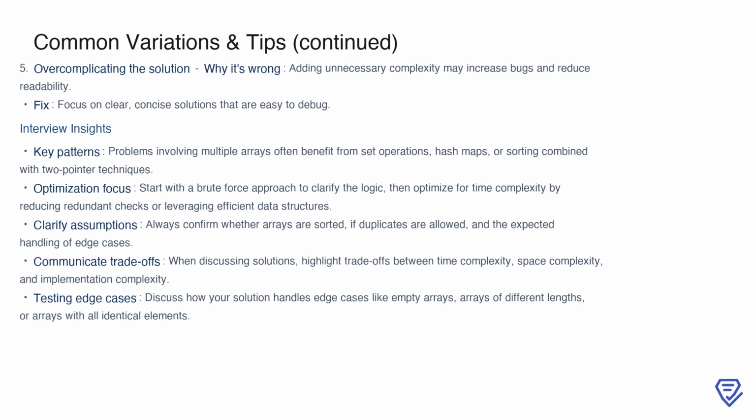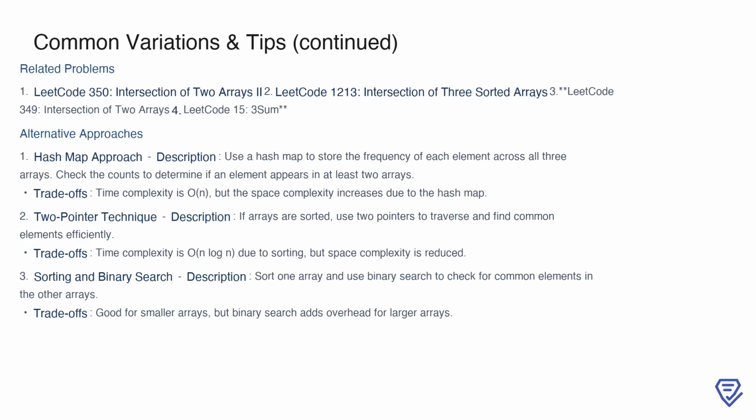For example, confirm whether arrays are sorted, whether duplicates are allowed, and how to handle edge cases. Lastly, when discussing your solution, emphasize the trade-offs. For instance, explain how you balance time complexity, space complexity, and code simplicity. And don't forget to address edge cases explicitly, such as empty arrays, arrays of different lengths, or scenarios where all elements are identical. Let's now explore some related problems and alternative approaches.